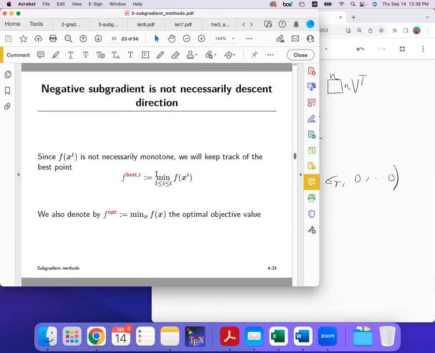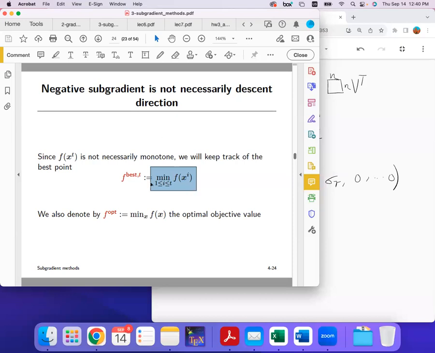So therefore, in the analysis, we will look at the best function value that we achieved up to now. We denote this f best t, the minimum function value we achieved in the first t iterations. Because the algorithm may fluctuate, sometimes the function value is going up, sometimes going down. So we look at the minimum because we are doing minimization.